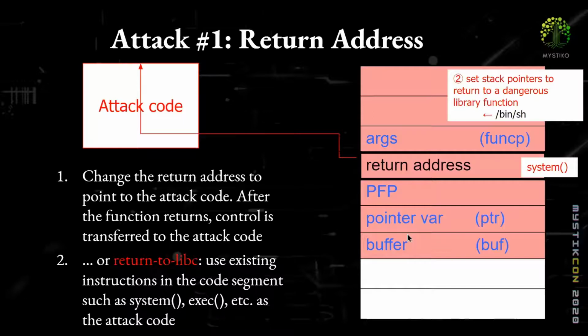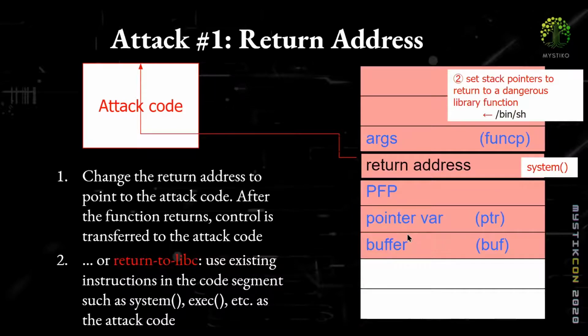So we saw that the first attack vector was using the return address pointer, in which we were setting the stack frames above the current executing stack frame to point to a dangerous library function, say /bin/sh, and the return address was being overflowed by the address of system.